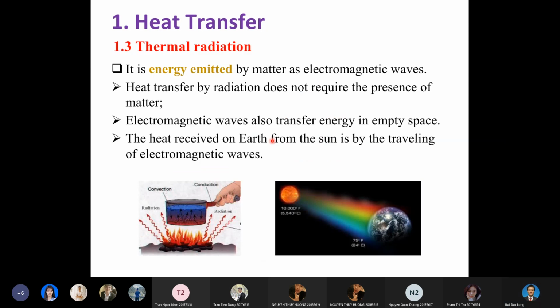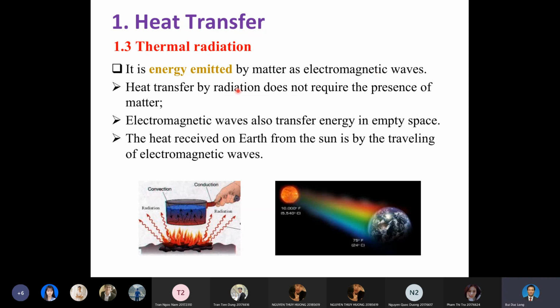We go to the third heat transfer mode, thermal radiation. Thermal radiation is energy emitted by matter as electromagnetic waves.